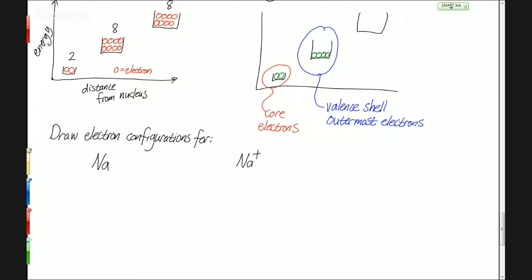And I want you to answer just one question for each of those: how many valence electrons in each? So you're going to need to figure out the number of electrons total, and then populate the buckets and count how many are in the highest or outermost bucket.